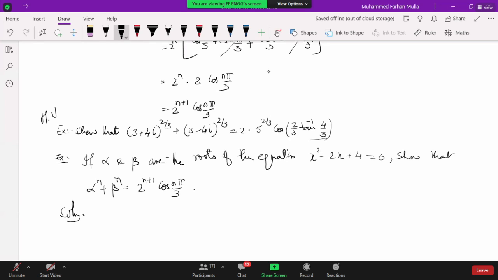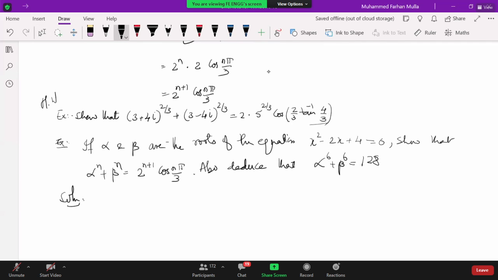And also deduce that alpha raised to 6 plus beta raised to 6 equals 128.